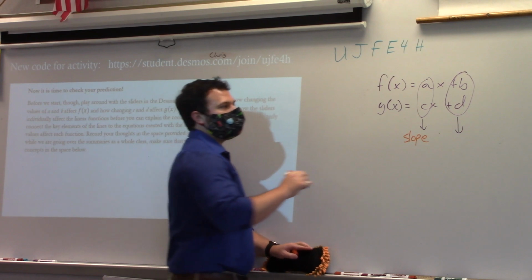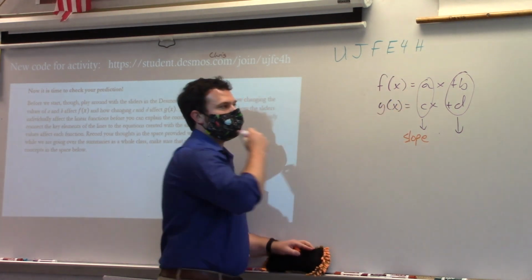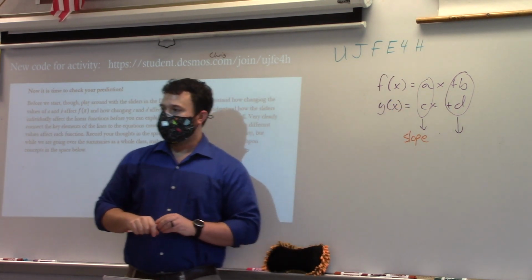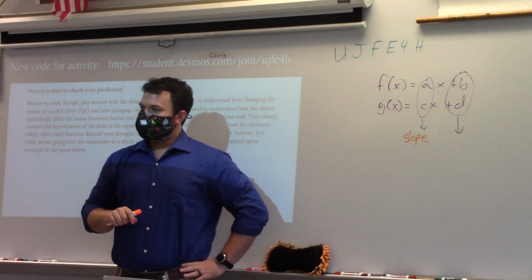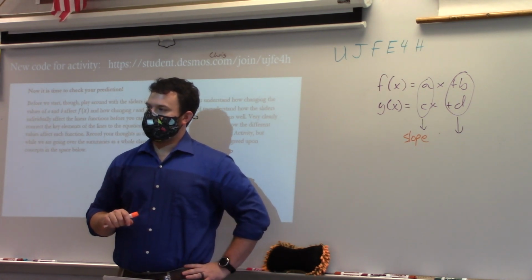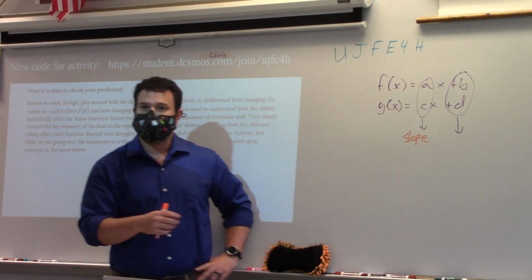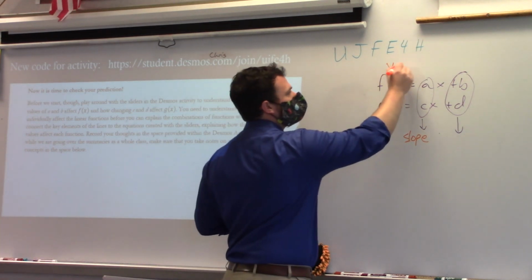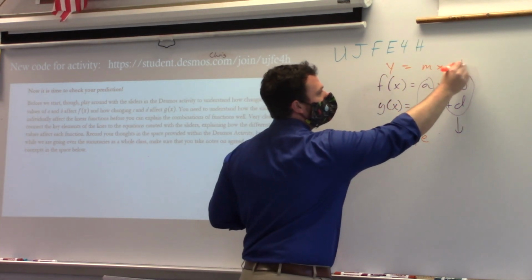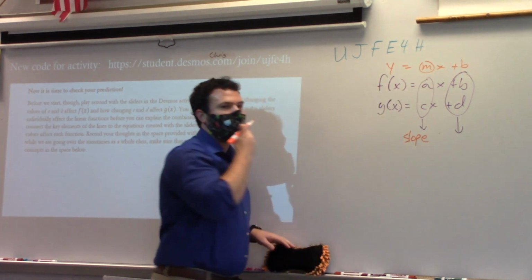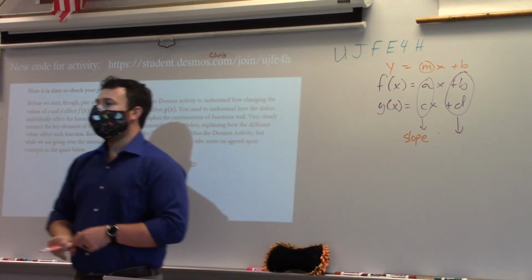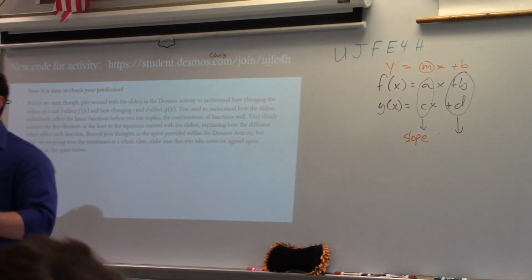Perfect, right? y equals mx plus b. That is my slope. So whatever the values for A and C were, those are the slopes for f of x and g of x, right?